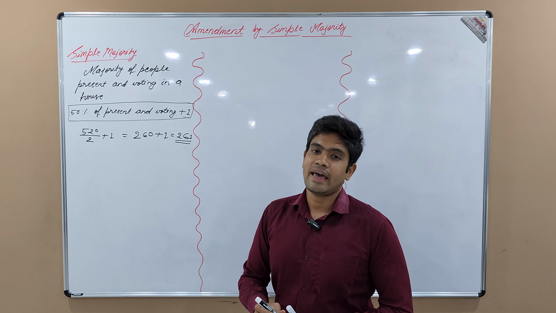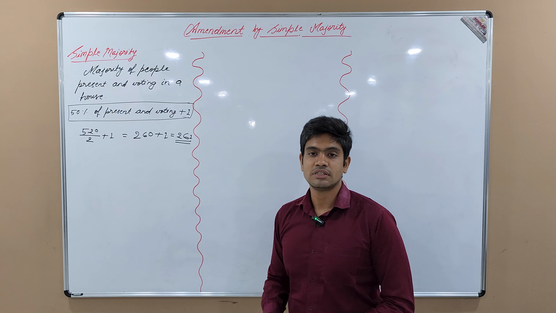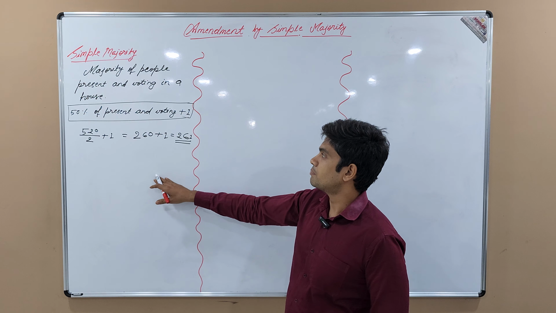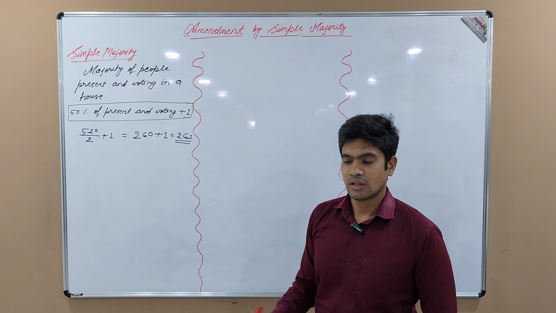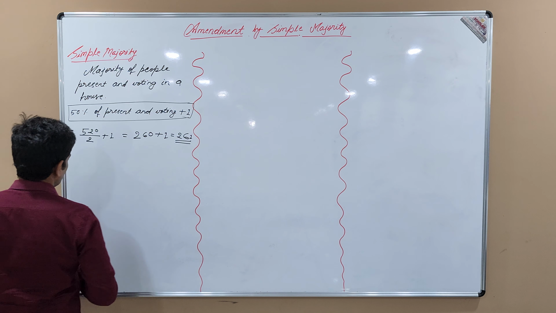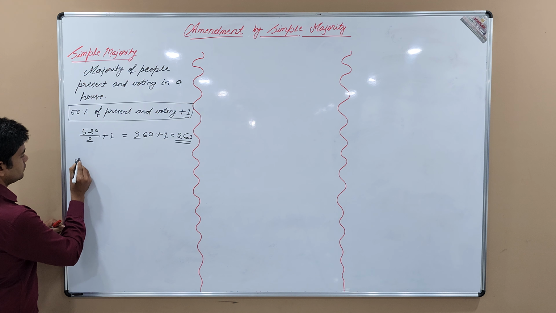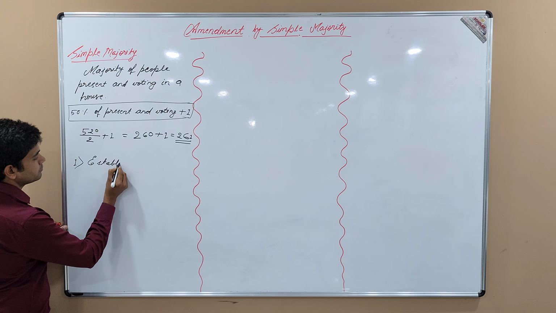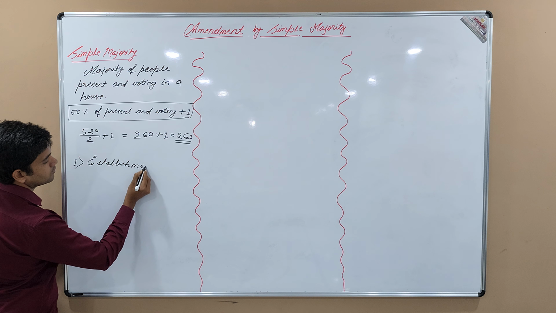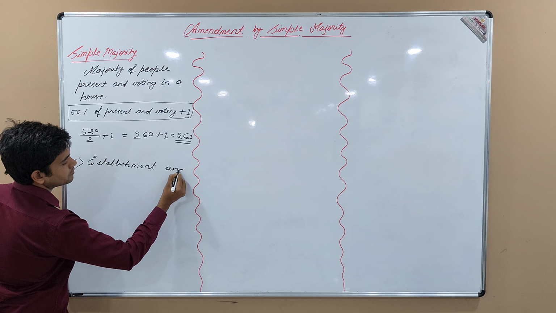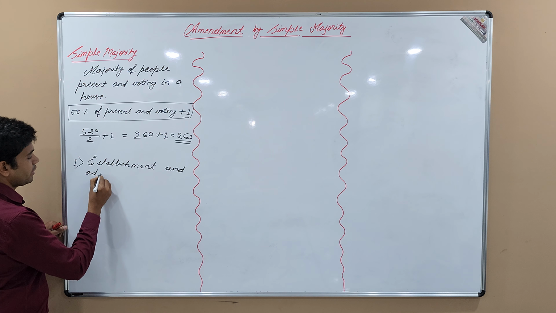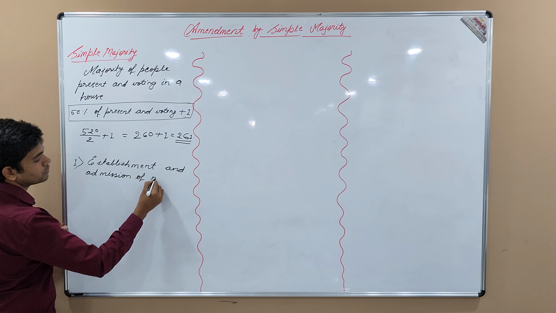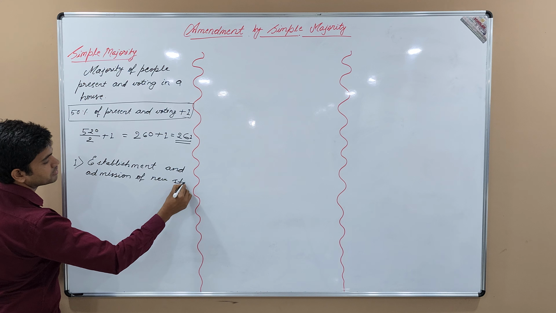Now let's understand how many provisions there are by which bills are passed through simple majority. Let's start. First of all, this is the establishment and admission of new states.